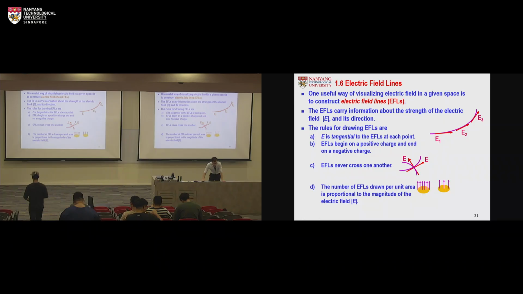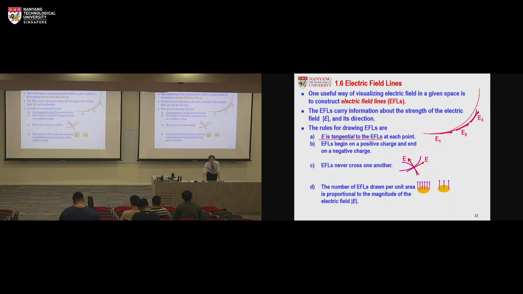And we have these 4 rules. The first is to say at any point the electrical field line should be tangential to this electrical field E. Let's say here you have this kind of arbitrary electrical field line.